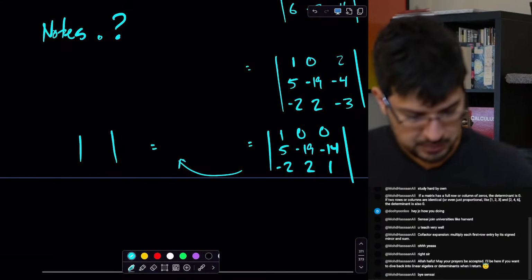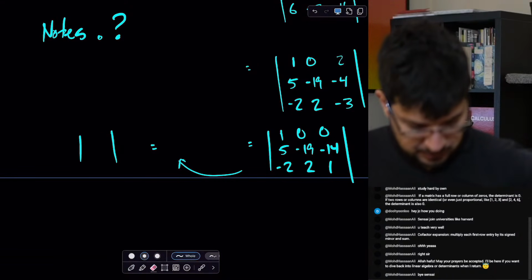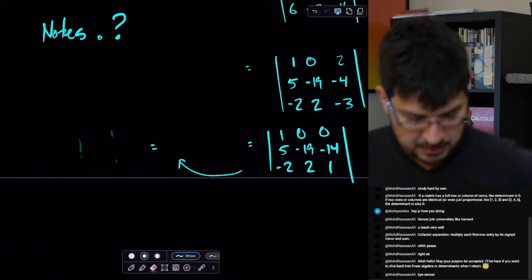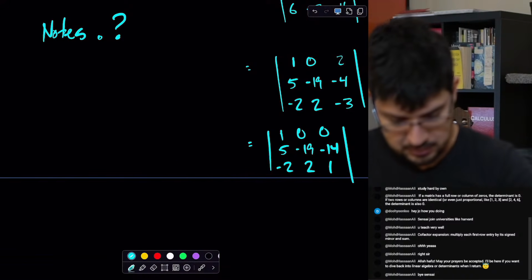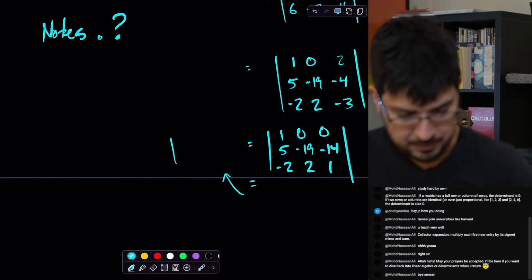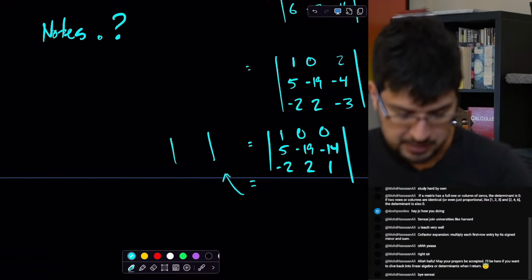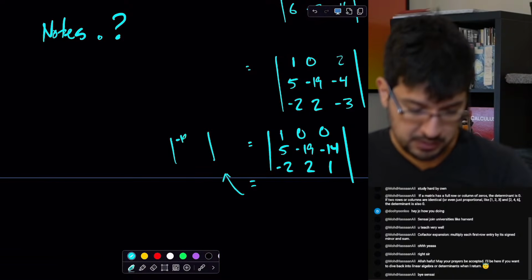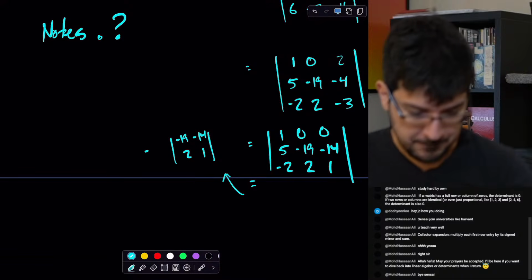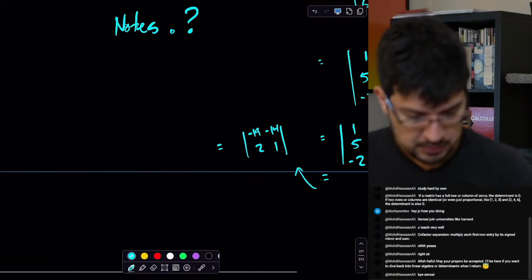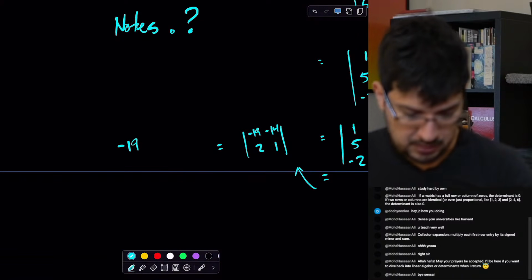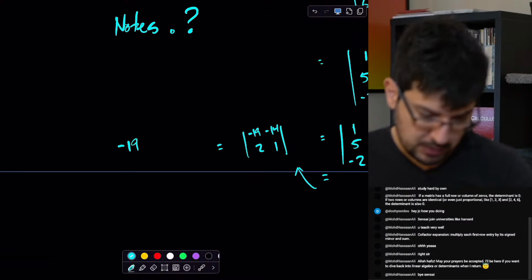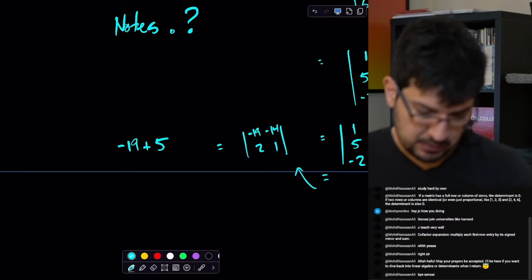This is going to be the 2 by 2 determinant if we expand by the first row: negative 19, negative 14, 2, 1. And this would be negative 19 plus 56.